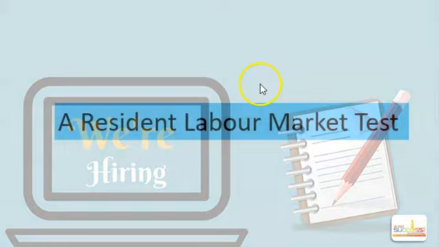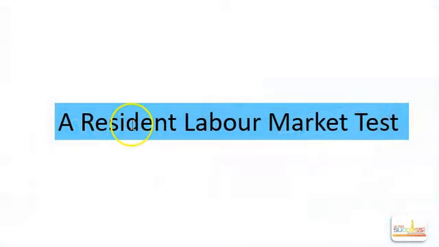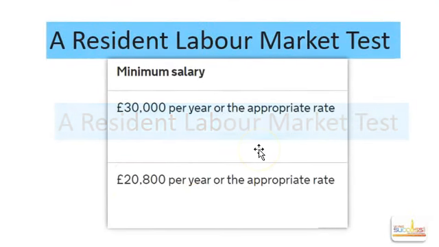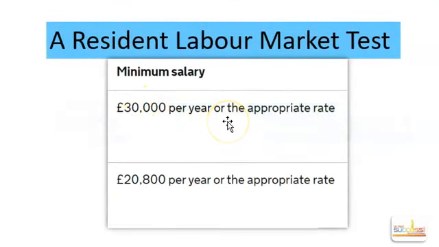This is known as satisfying a resident labour market test. The person will also need to prove that they have a salary at the appropriate level. Generally, the minimum salary required if someone wants to apply as a tier 2 migrant is at least £30,000.